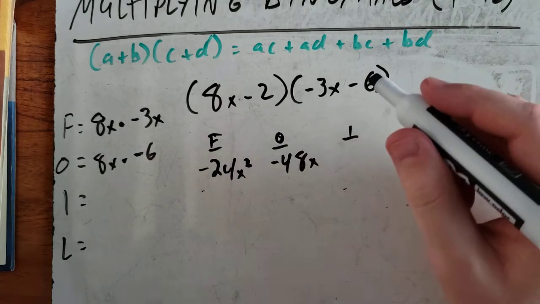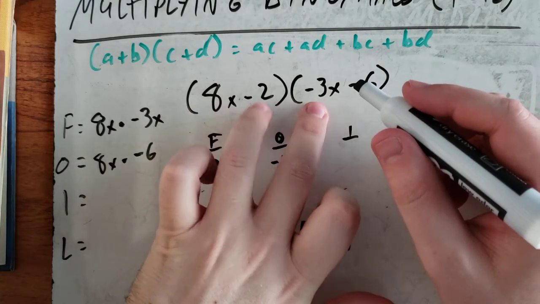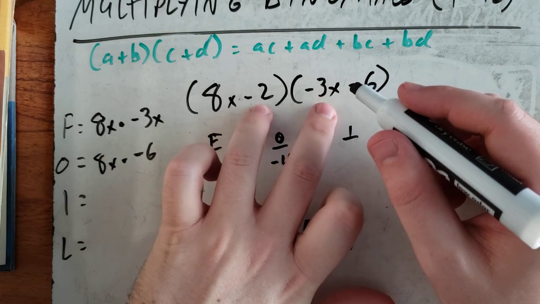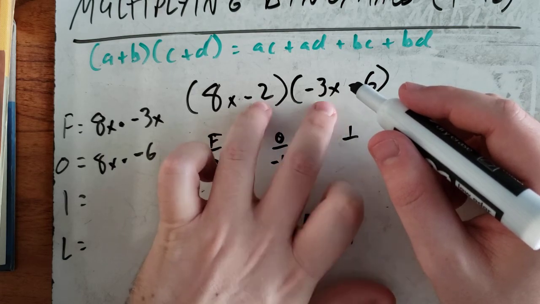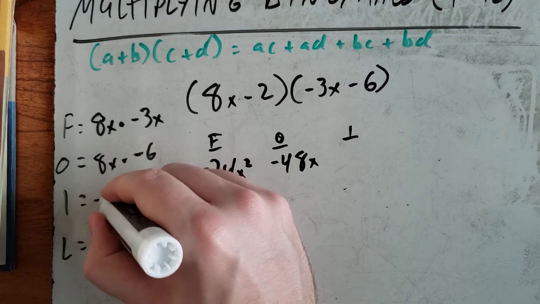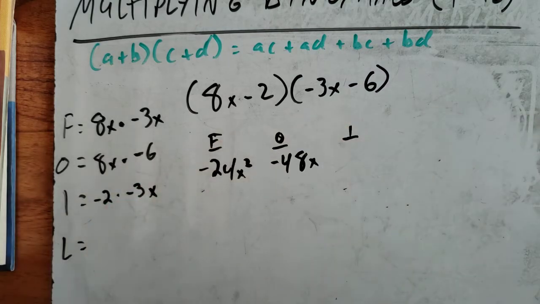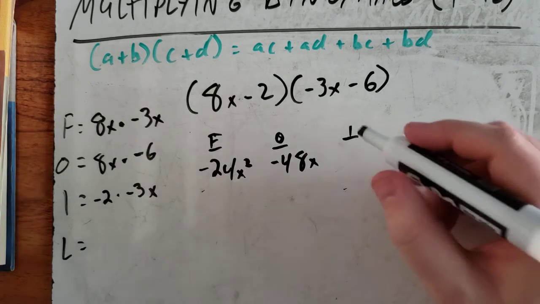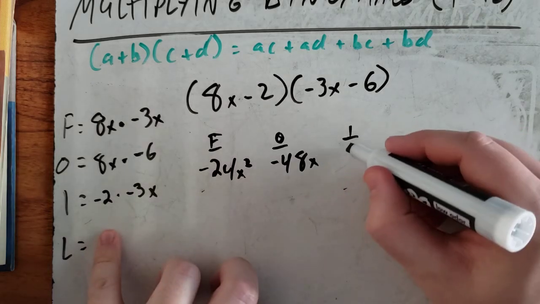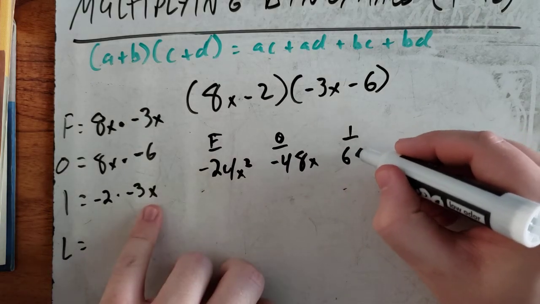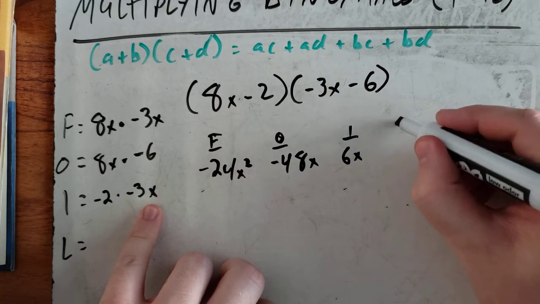Our I, negative 2 times negative 3x, our B and our C terms, middle terms. Negative 2 times negative 3x. And when we do that, negative 2 times negative 3 is a positive 6. And our x is there.